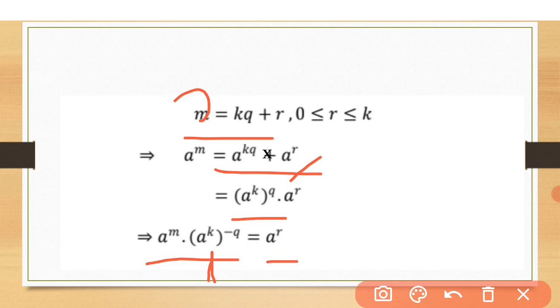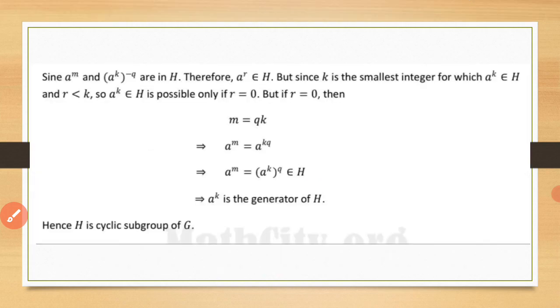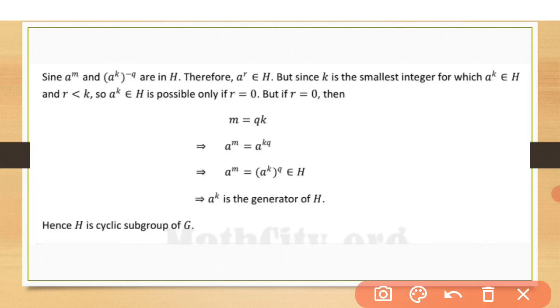What do we conclude here? We conclude that a raised to power m and a raised to power k raised to power q are in H, as we described earlier.